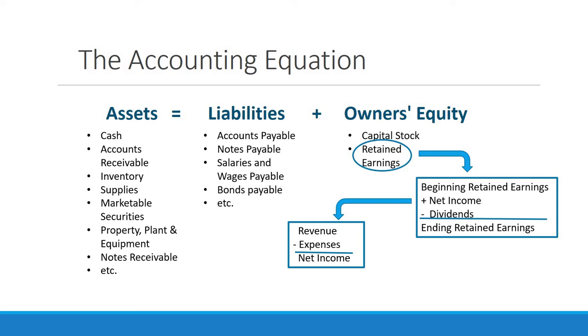Then we're going to subtract out all of our expenses, all of the wages that we pay to our employees, the rent for the buildings, the cost of the inventory, the amount we had to pay for it, and so forth. After we subtract all of those expenses, we get to what we call net income. So really, retained earnings is equal to beginning retained earnings plus revenue minus expenses and minus dividends, if you replace revenue and expenses in place of net income there.